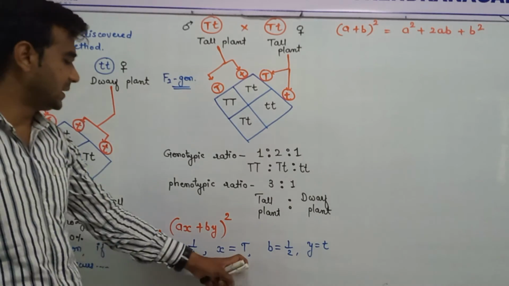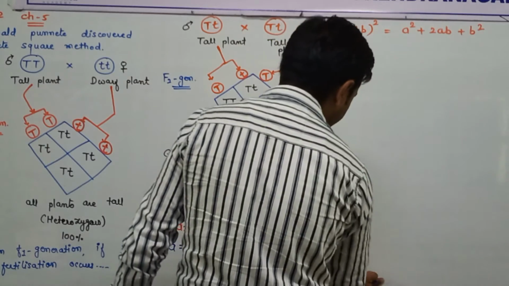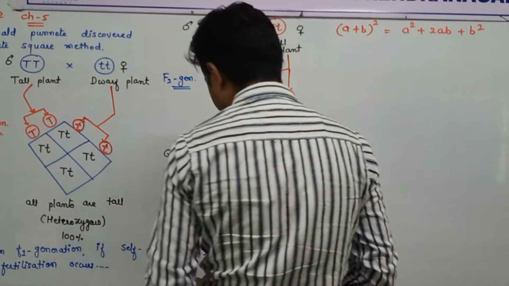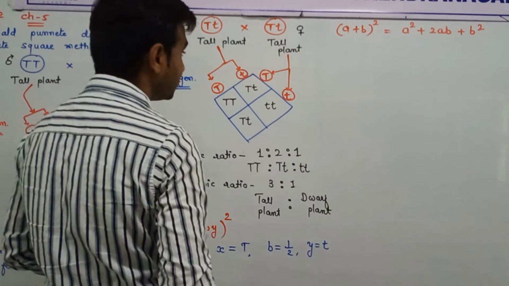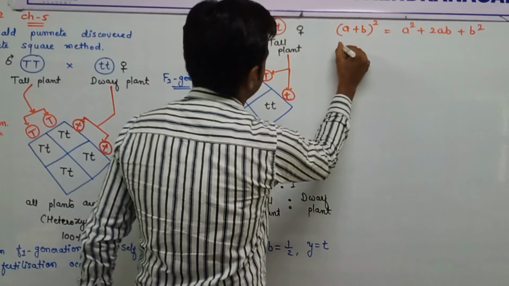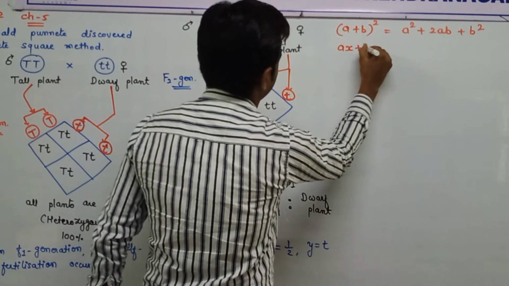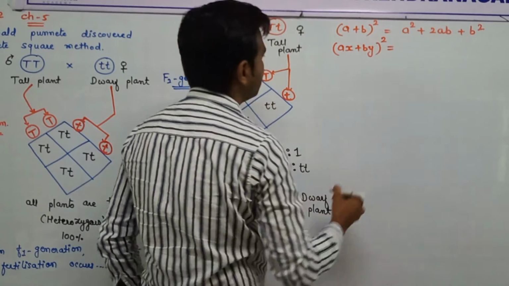So X is dominant character and Y is recessive character. So now you know what happened here. Now let me continue with this. You know that (AX + BY) whole square is equal to what?